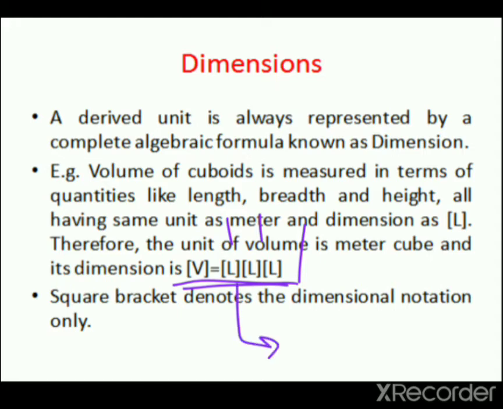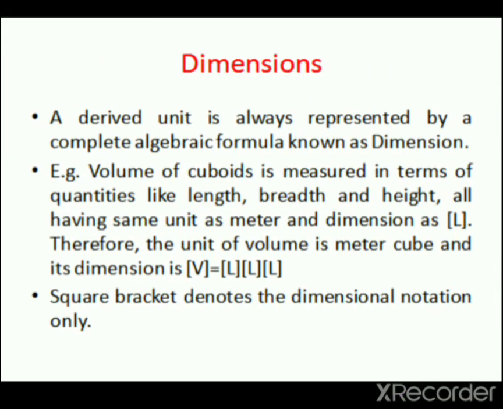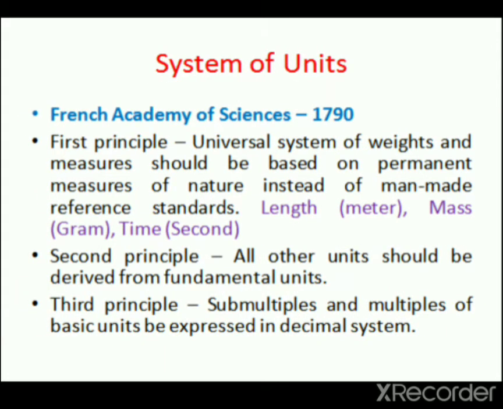So we can write it as L cube in square brackets. This is the dimension of volume. Here the next thing is mentioned: square bracket denotes the dimensional notation only. Next is system of units.